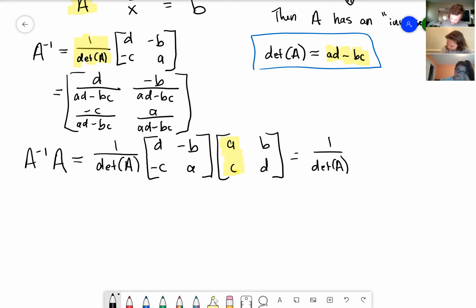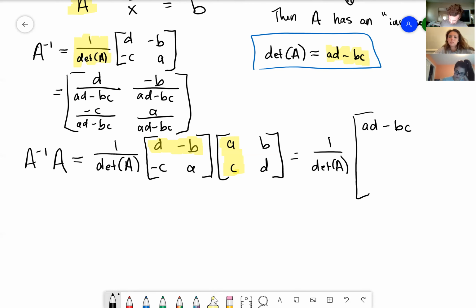So we take this entry and we multiply this by the corresponding entries in the row here. I'm going to give myself a lot of room. So this will be our first row, first column. We'll take the first column from A and the first row from A inverse. And this will give us AD minus BC.